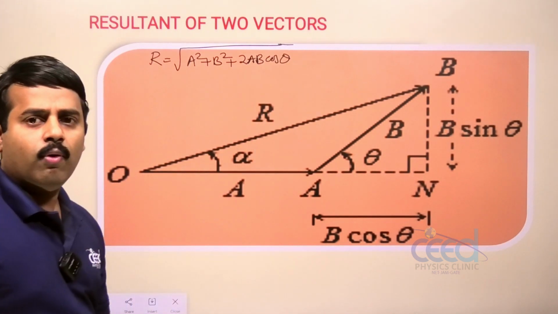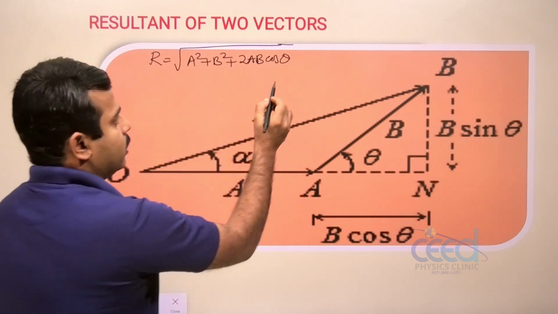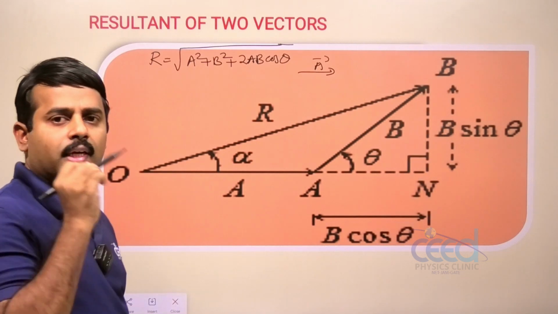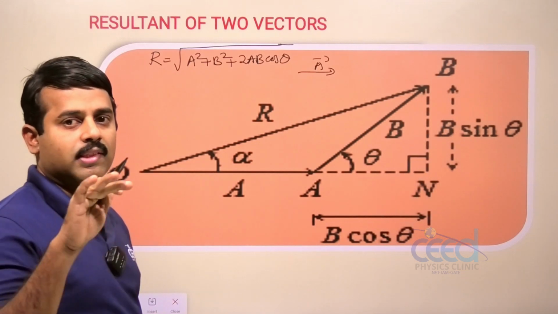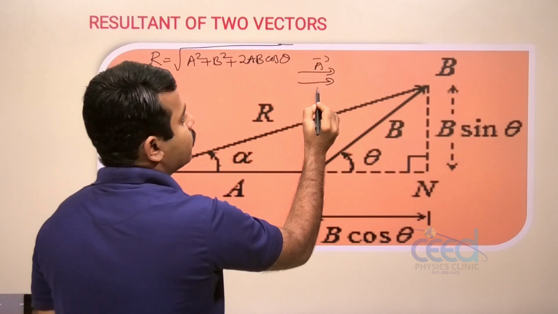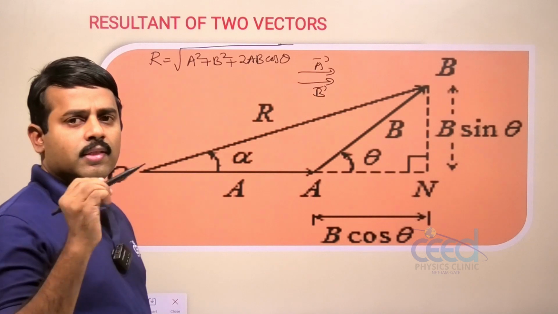Now, the important thing is, say A and B are two forces. If A is in this direction and B also in the same direction, then what is the angle between A and B? 0.